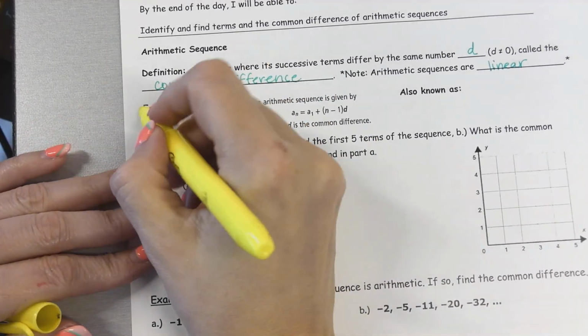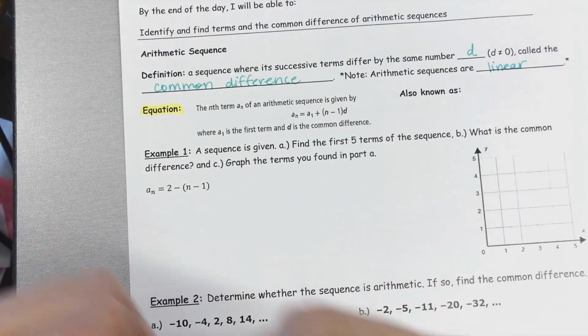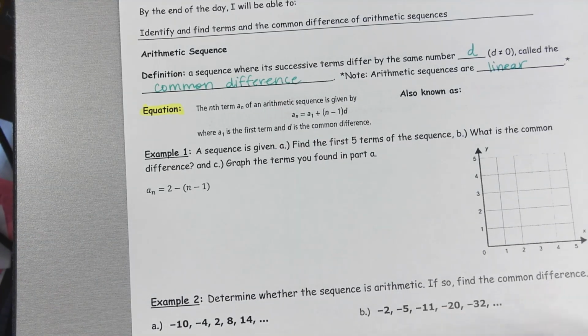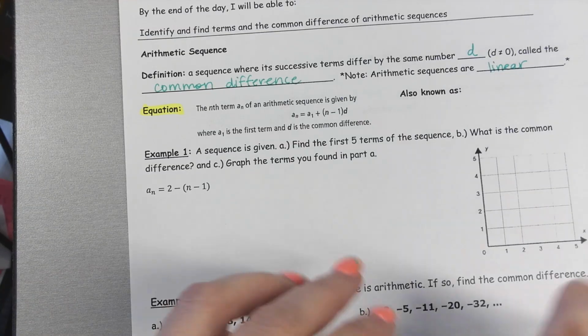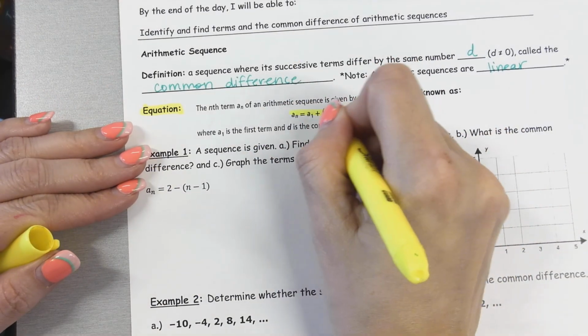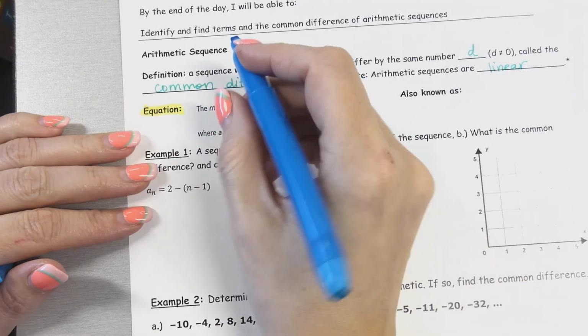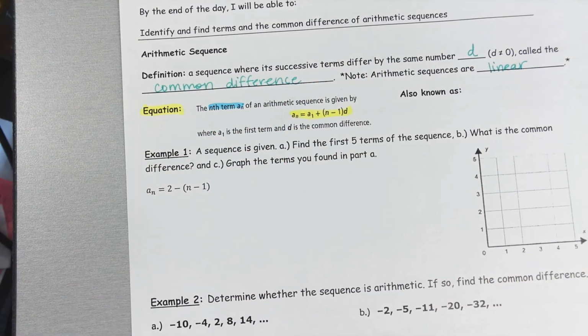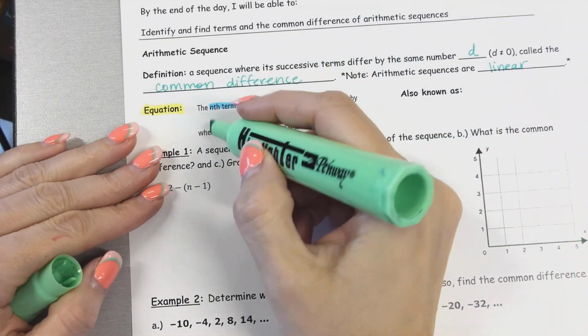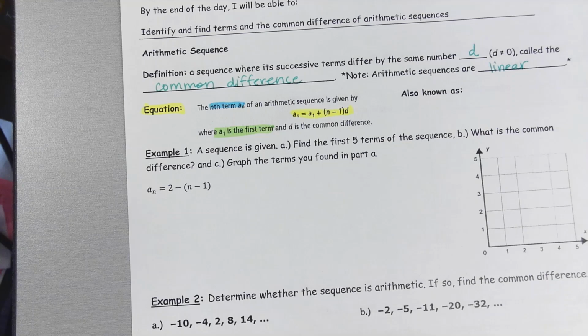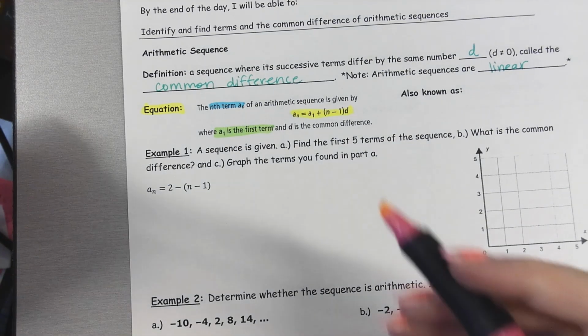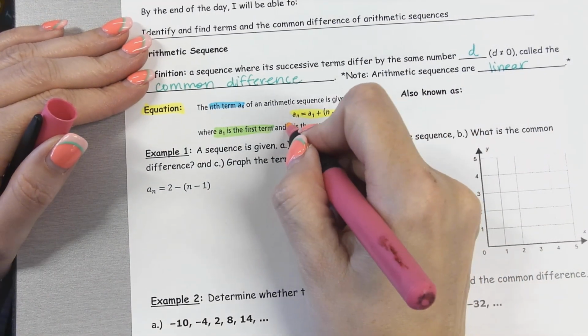Okay, so for the equation, if you need to find the nth term, you can use this equation: a sub n equals a sub 1 plus n minus 1 times d. So this is the nth term, a sub n, and here a sub 1 is the first term, d is what we call the common difference.